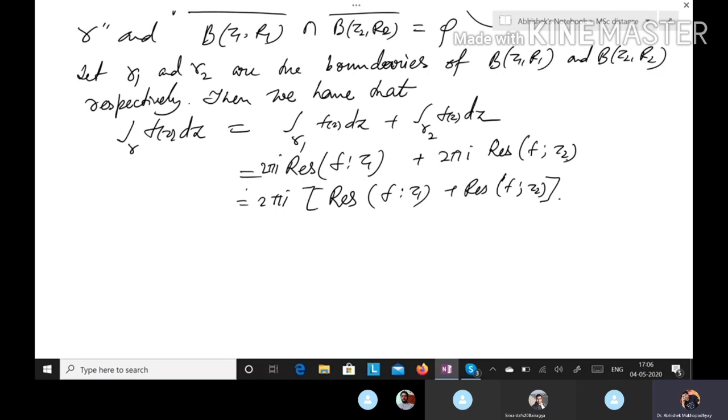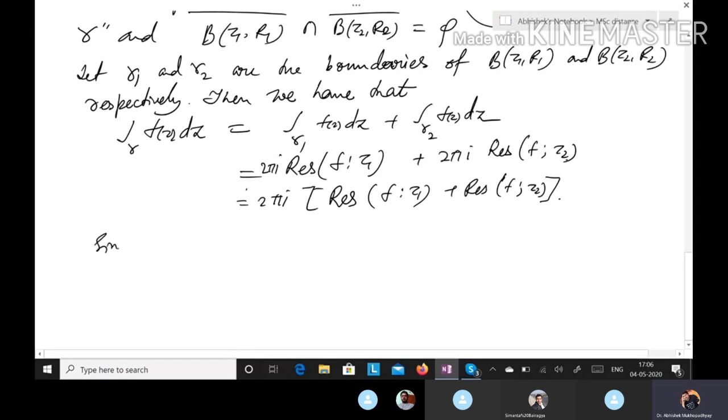If it has 100 isolated singularities, then it will terminate after 100 steps using mathematical induction. That is, since 1 is true, 2 is true, so for n equal to 3 it is true, for n equal to 4 it is true, n equal to 5 it is true, by using similar arguments as for case 1 and case 2.